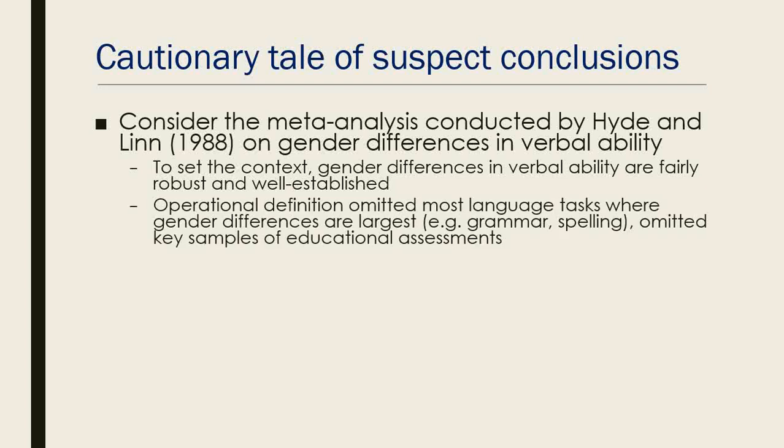Now, the Hyde and Lynn meta-analysis had some interesting findings. Their operational definition of verbal ability omitted most language tasks where gender differences are largest, so grammar, spelling, and they did so without any clear rationale or even a definition of what verbal ability constituted.